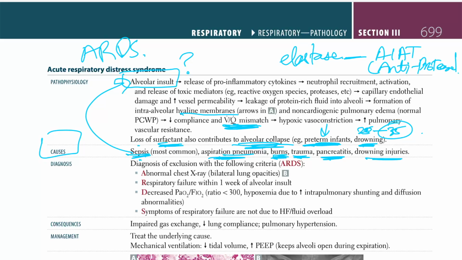In burns, you might not think about ARDS. In trauma, you might not think about ARDS. Pancreatitis, you might not think about ARDS. Drowning, well, sure, it's the same system, so I guess, yeah. But these things are important. So sepsis, burns, trauma, pancreatitis, ARDS. Alveolar insult occurs, right? And all of the remaining things will happen.